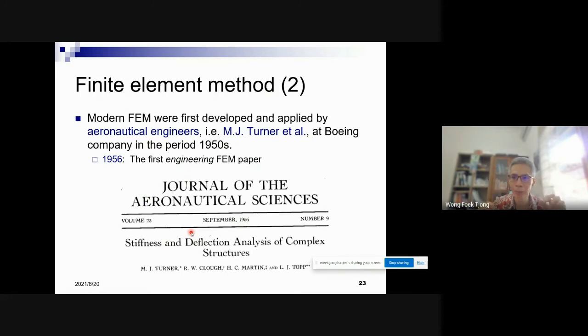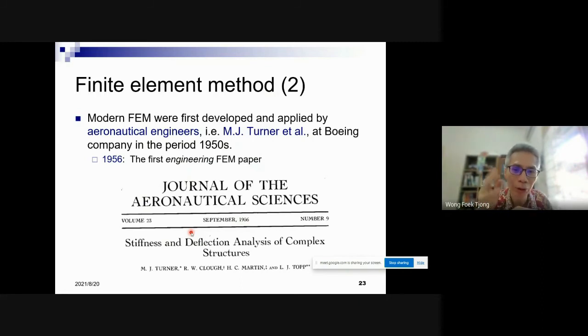The method maybe can be considered a finite element method as well, but it was not popular because at the time there was no computer technology to apply it. So it's not by coincidence that finite element developed with the computer. Without computers, I think this method would not be popular.